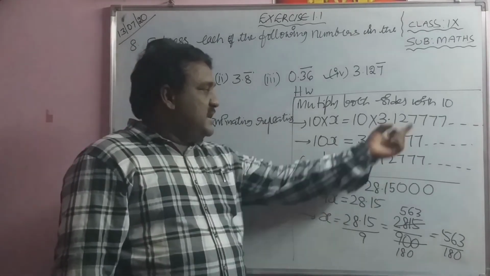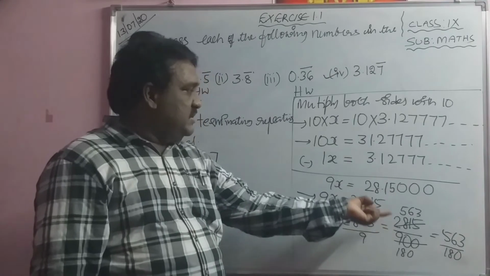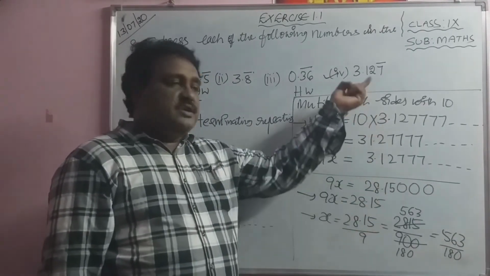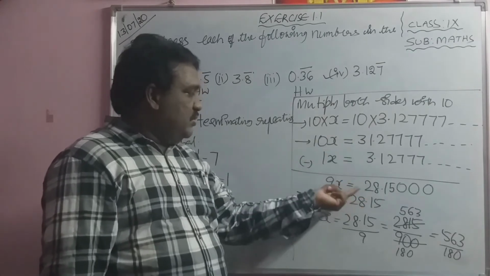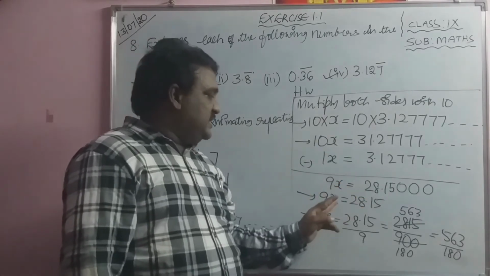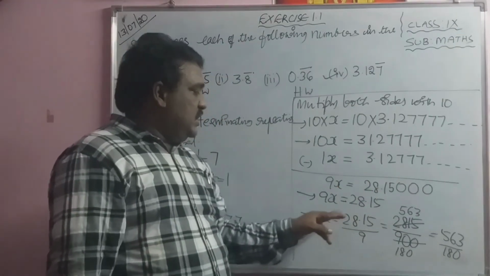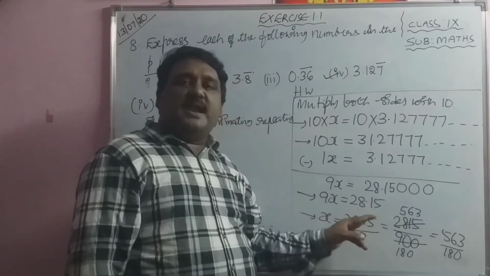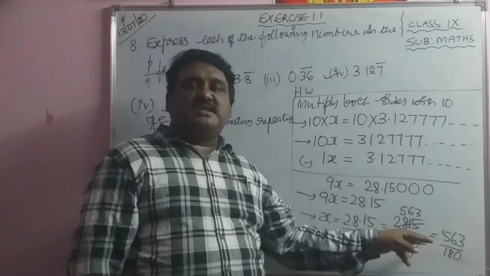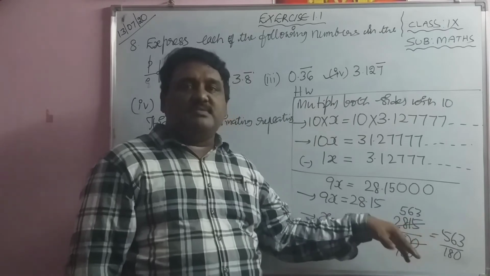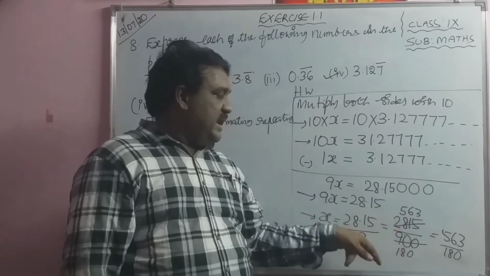What we get? 7 minus 7 is 0, 7 minus 7 is 0, 7 minus 7 is 0, 7 minus 2 is 5, 2 minus 1 is 1, 11 minus 3 is 8 and 2. So 9x equal to 28.15. X equal to 28.15 by 9. Then write without decimal, 2 zeros in the denominator, it becomes 900. So we get 2815 by 900.